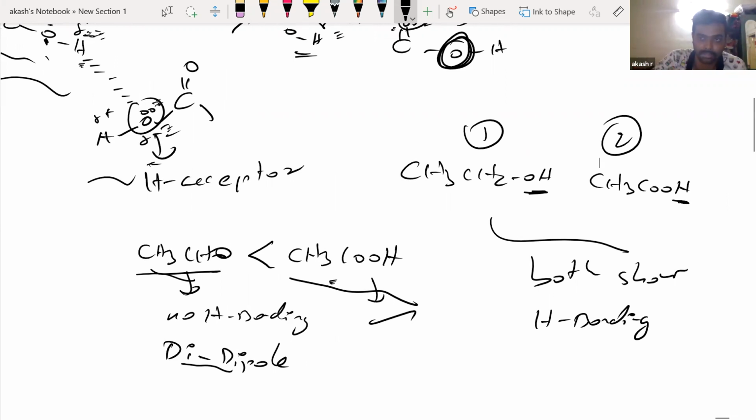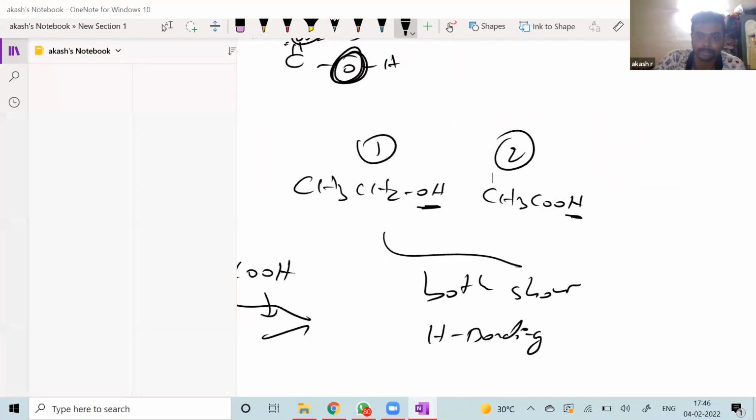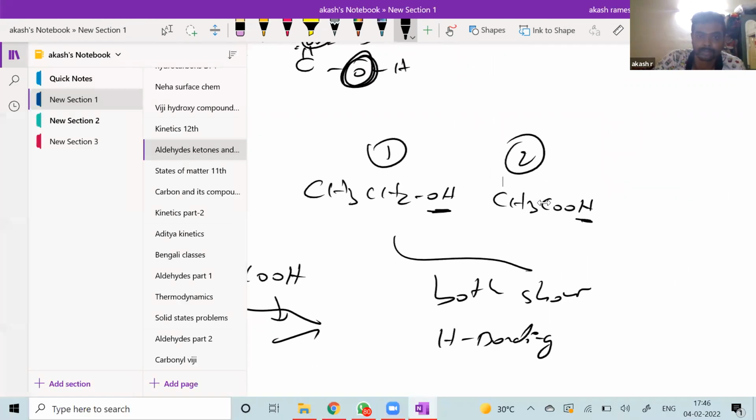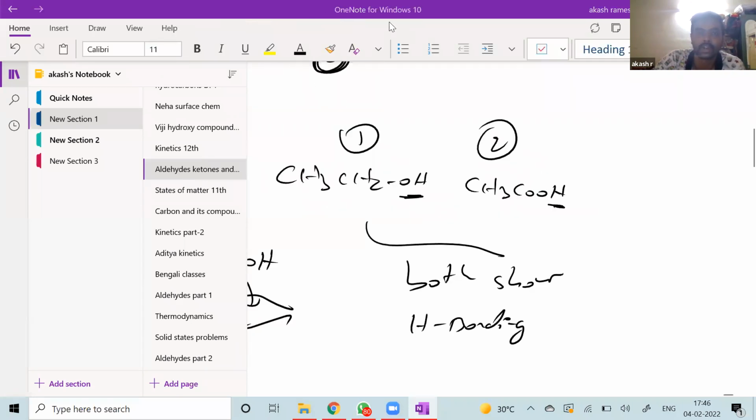I'm looking at the chat box. These two are the compounds. Go for it, people. Type 1 or 2, which is going to have higher boiling point. It is just a guess game, just to make you participate.